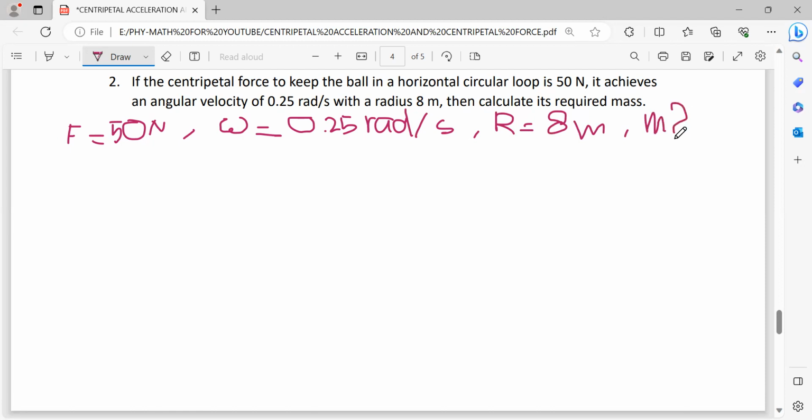Mass, how much? We have to change the formula from F equals m times omega squared times r.